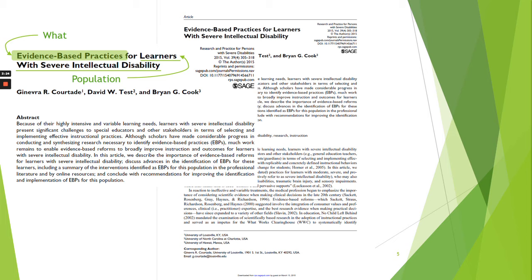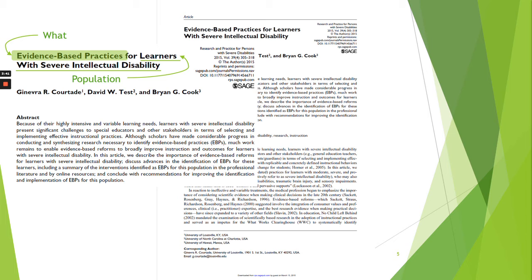Although scholars have made considerable progress in conducting and synthesizing research necessary to identify evidence-based practices, or EBPs, much work remains to enable evidence-based reforms to broadly improve instruction and outcomes for learners with severe intellectual disability.